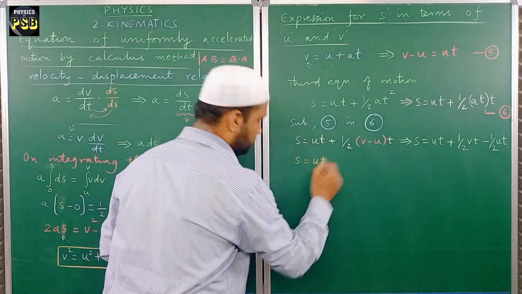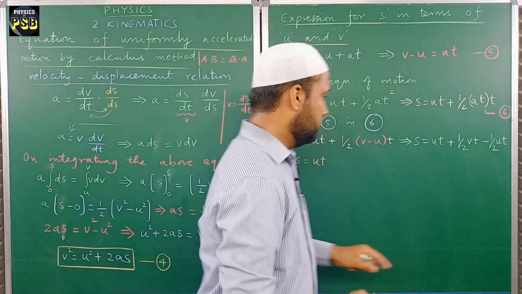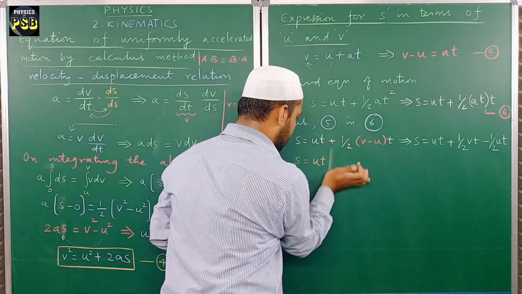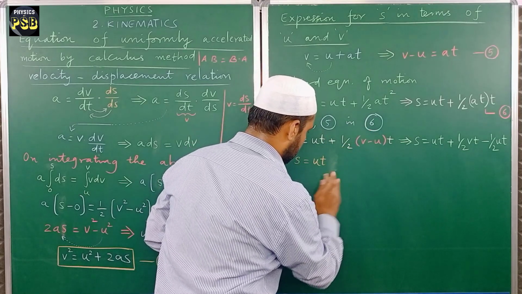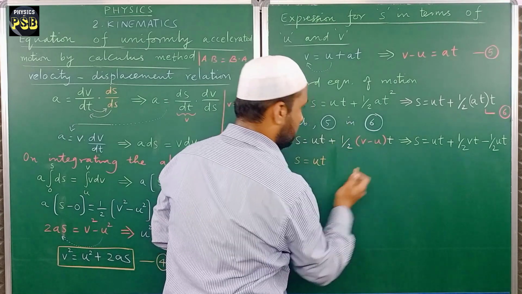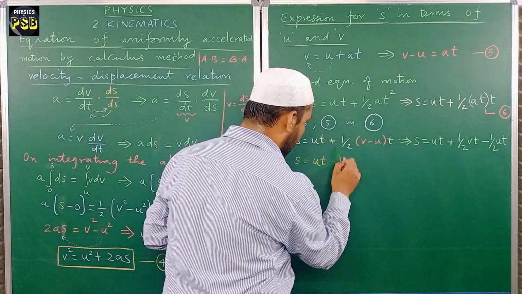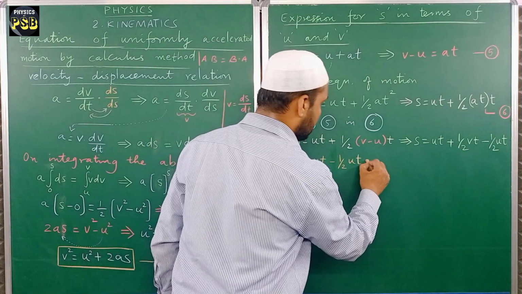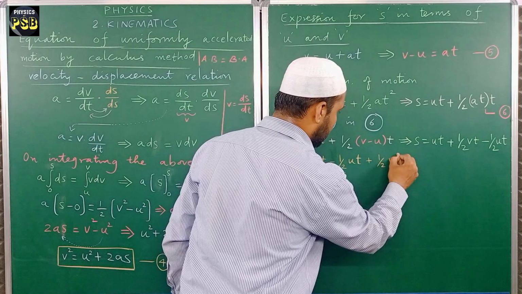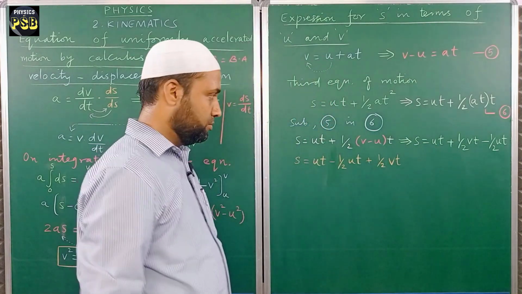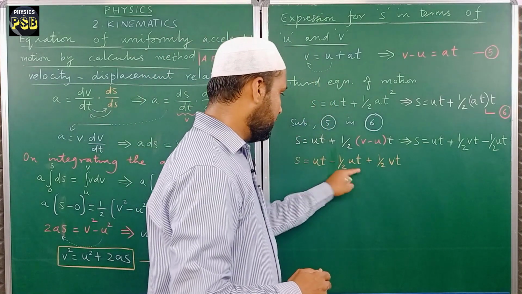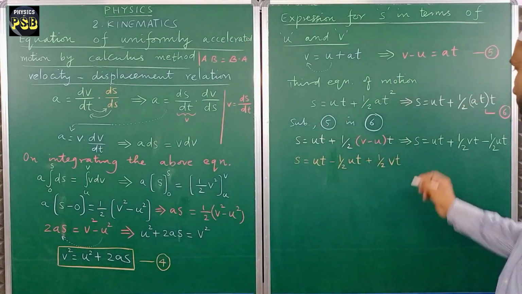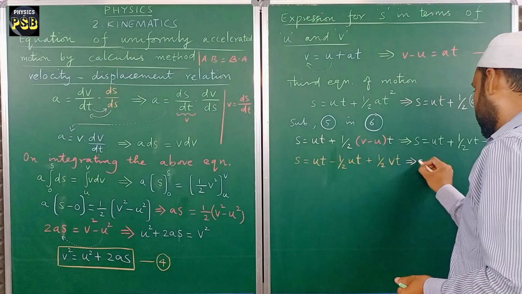Here also we have ut. So just take a note of how I arrange it in this manner: ut minus half ut plus half vt. Now what is common here? Common term is ut.